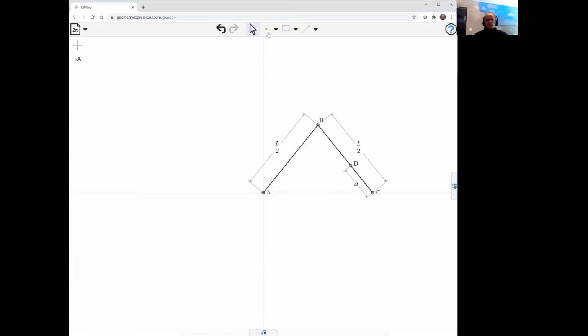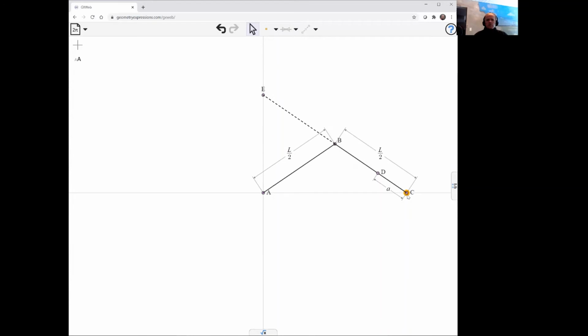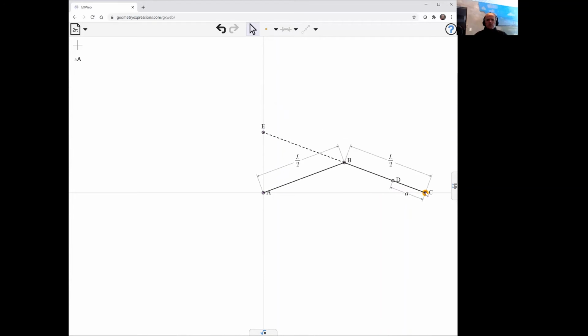Now notice if we put a point on the axis and make that point lie on this link using the constraint here. So we can see as we move, the line EC is behaving exactly as it did in the triangle model.